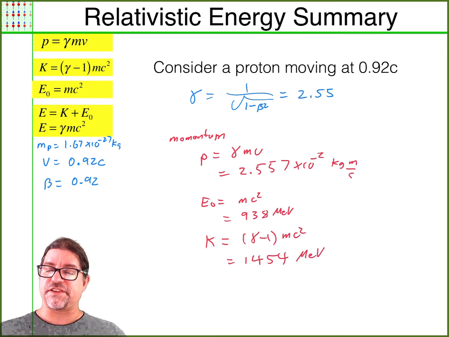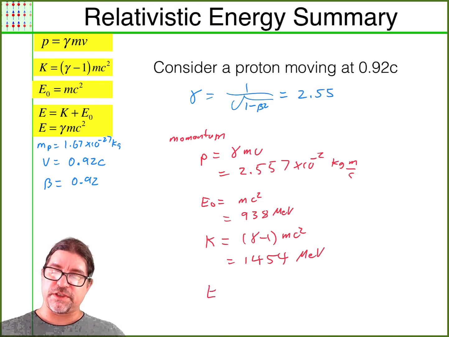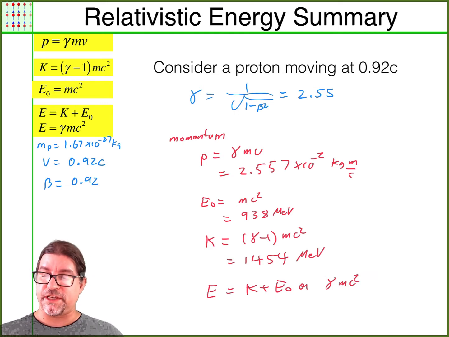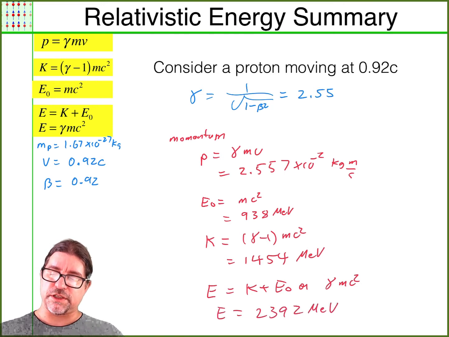There's more energy in its motion than in its mass, because it's moving at almost the speed of light. What is its total energy? Its total energy is the kinetic energy plus the rest energy, or gamma mc squared. You can calculate it either way and get the same result. About 2392 MeV would be the total energy of this particle.